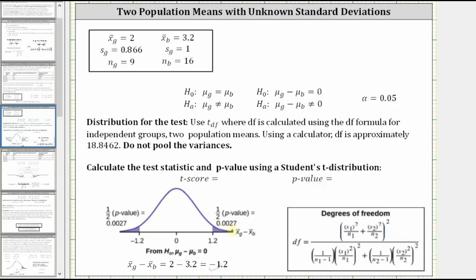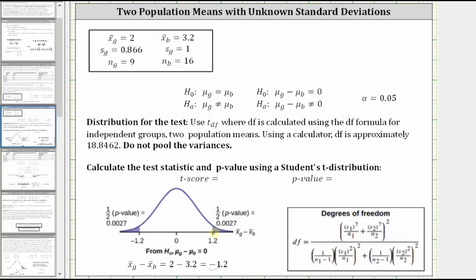If we multiply by 1/2, we can find the separate areas, or the area on the left and the area on the right, which means the p-value is also equal to the probability that x bar sub g minus x bar sub b is less than or equal to negative 1.2, or x bar sub g minus x bar sub b is greater than or equal to 1.2.